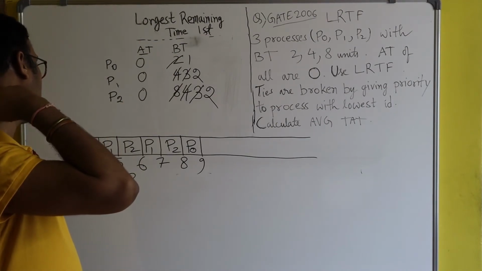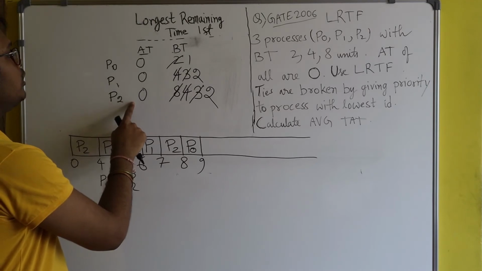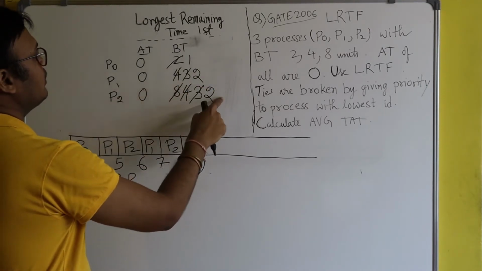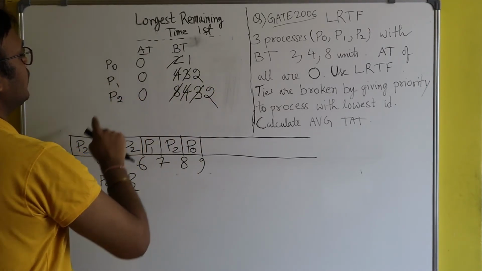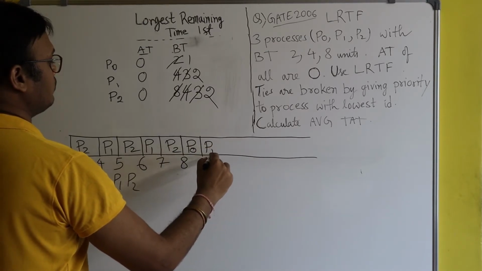Now there is a tie between process P1 and process P2. Both have the largest time, so CPU will be given to process P1 to break the tie. So I will write P1.